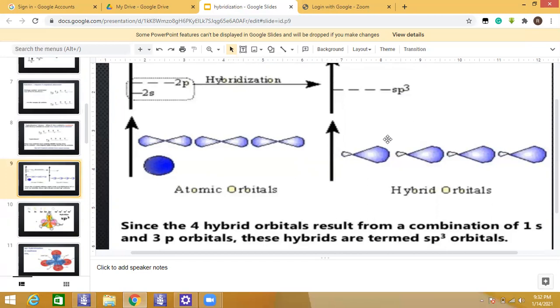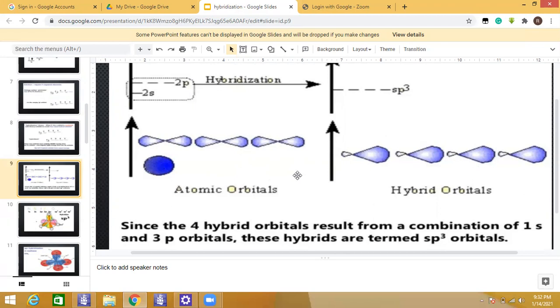So when one s and three p orbitals mix up, these hybrid orbitals are termed sp3 orbitals. So in the methane molecule, the carbon atom is sp3 hybridized.